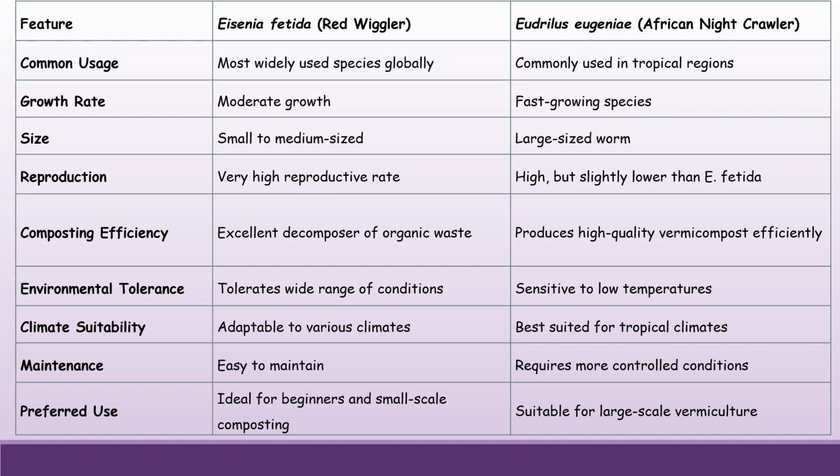In terms of environmental tolerance, they are very sensitive to low temperatures, which is why they are best suited only for tropical climates. Their maintenance is a little harder compared to Eisenia fetida because they require much more controlled conditions. African night crawlers are suitable for large scale industries, producing around 100 or 200 kgs daily.